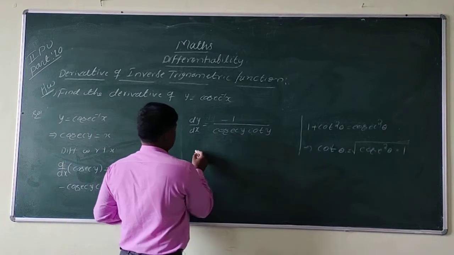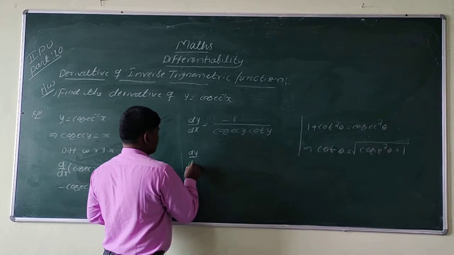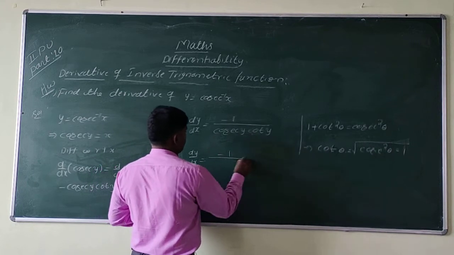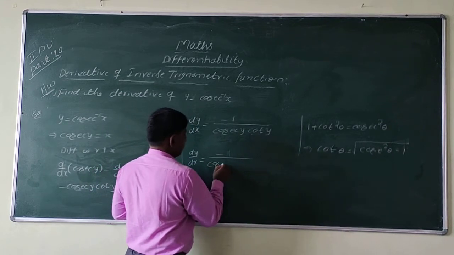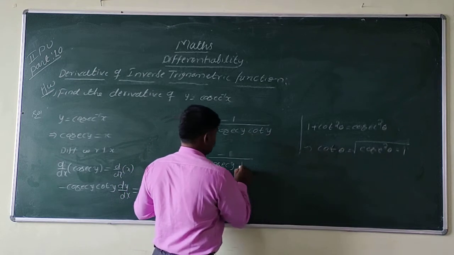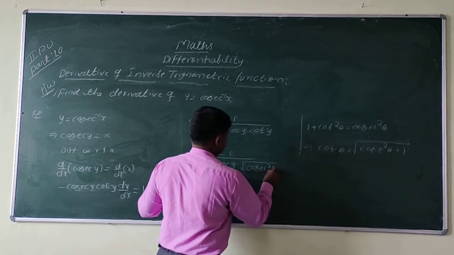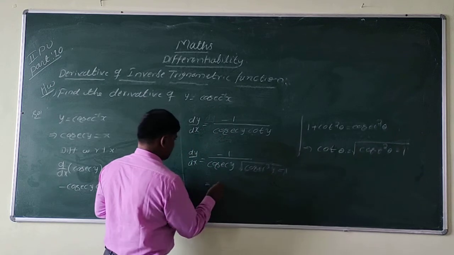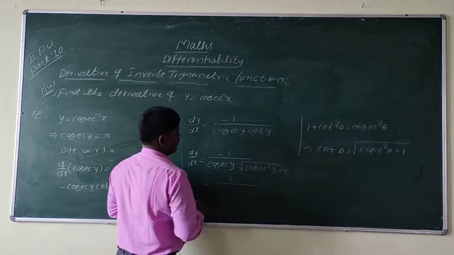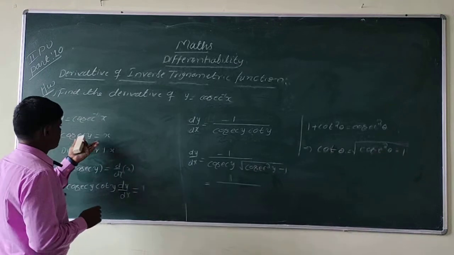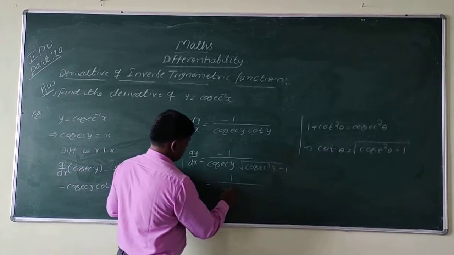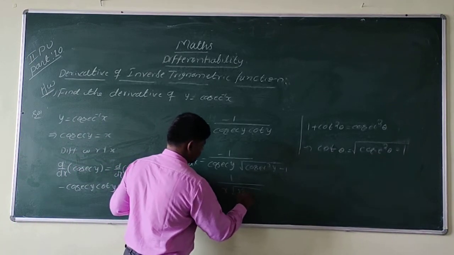So dy by dx is equal to minus 1 by cosecant y into root of cosecant square y minus 1. Cosecant y is equal to x, so that is x into root of x square minus 1.